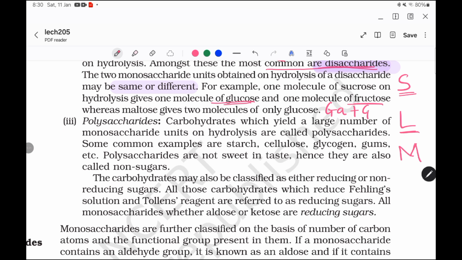So you can see they are totally different. But when I boil maltose, I get two molecules of the same kind, glucose and glucose. So the molecules which break down to give two simple monosaccharide molecules are called disaccharides. These two monosaccharides can be the same or different.